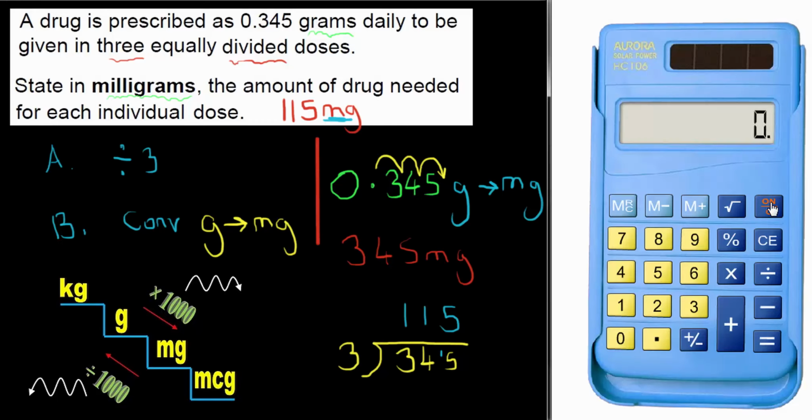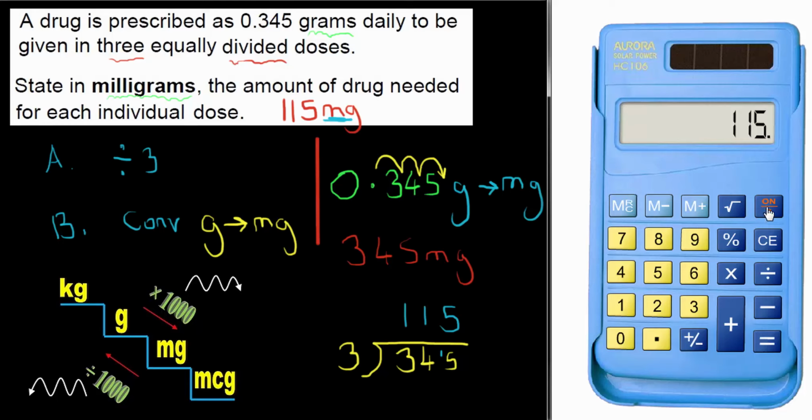Turn it on, clear the memory. Well, I did step B first. I converted grams to milligrams, so I had 0.345, and I converted to milligrams by multiplying by 1000. Sure enough, that equals 345 milligrams, and then I divided that value by 3, and that sure enough gives us 115 milligrams.